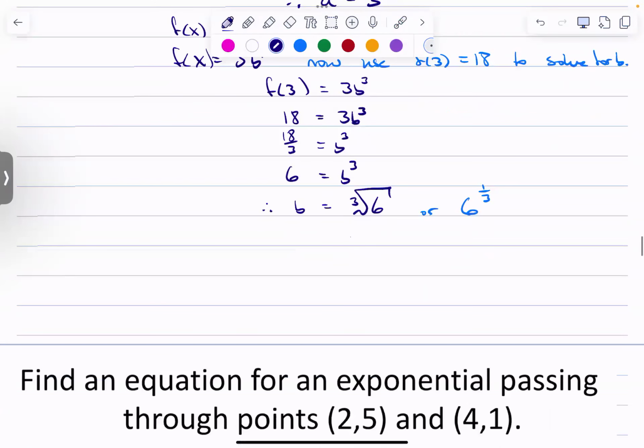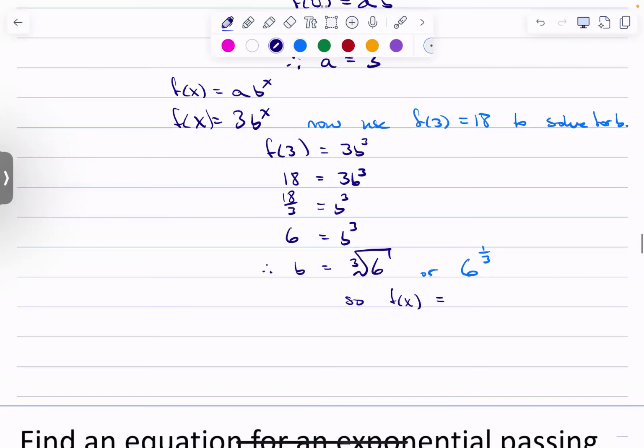So now, f of x is 3 times 6 to the 1/3 to the power of x. Now, by those exponent laws that we talked about, 1/3 times x, I can simplify that to make x/3.